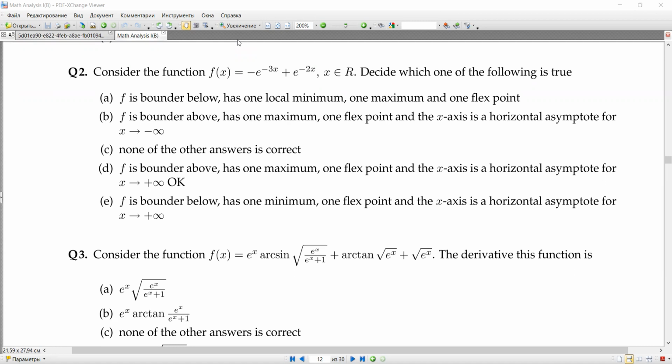From minus to plus. So I will say one more time, you need to check maximum and minimum in this case, okay?